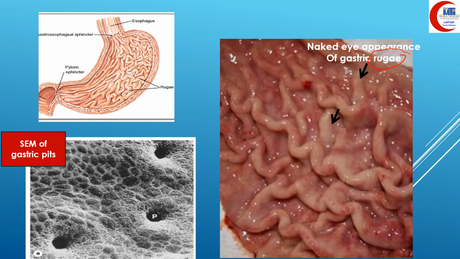By scanning electron microscope, when we are going to see this wall, we are going to see an opening inside this wall. This opening is called gastric pit. So, stomach by naked eye is showing rugae, and by scanning electron microscope, it is showing an opening, which is called gastric pit.